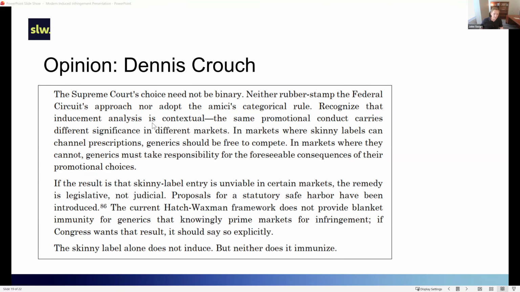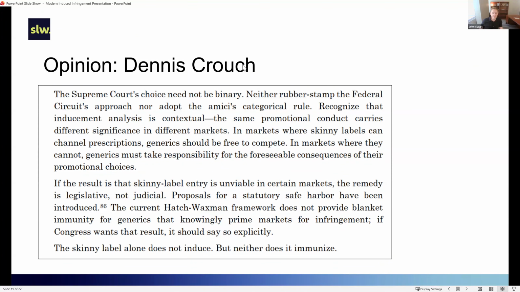They've recognized an opportunity. I don't know that this paper is entirely clear on this, but I think Crouch is implying that it would not necessarily be so unjust for the court to hold in favor of the brand here, and it wouldn't be the end of all Hatch-Waxman Section 8 carve-outs if they did.